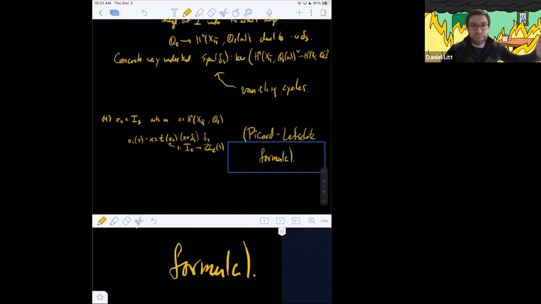So hopefully this example of the lambda family of elliptic curves was clarifying there. Okay, so we're about to get back to the proof of the Riemann hypothesis. So maybe this is a good time to take a 3-minute break. So does anyone have any questions before we take a 3-minute break?